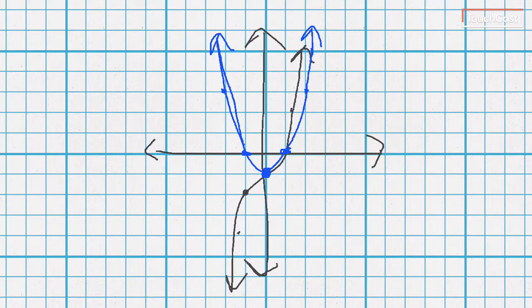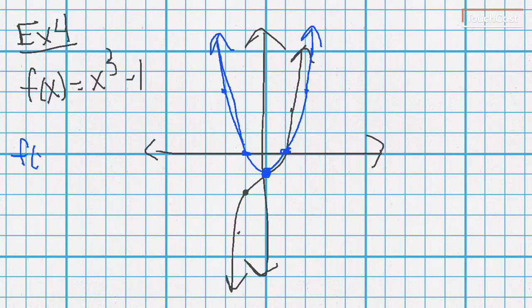Alright, so here in example 4, we have two functions. In black, we have f of x equals x cubed minus 1, and in blue, we have f of x equals x squared minus 1.